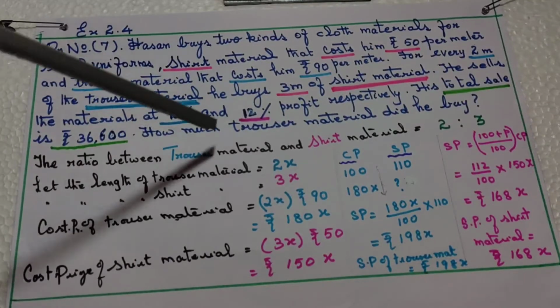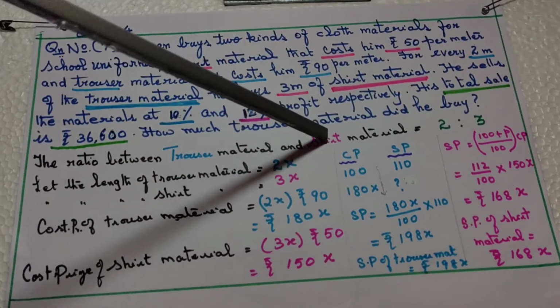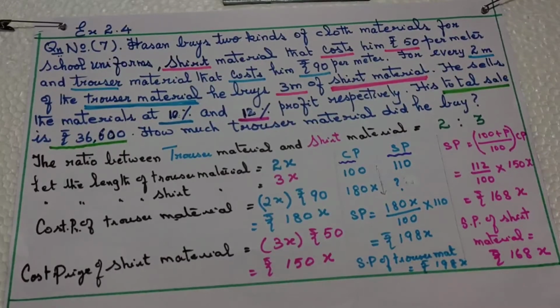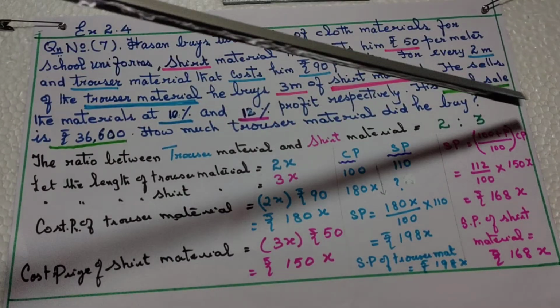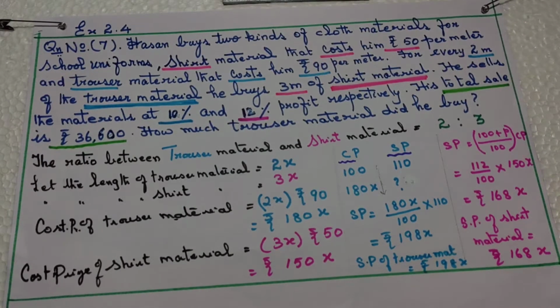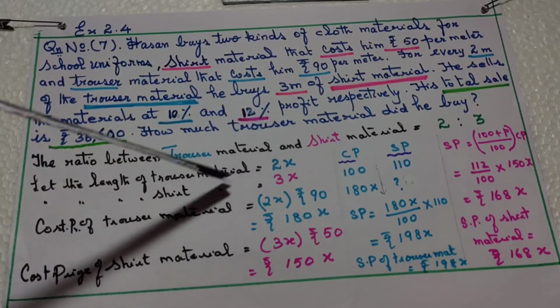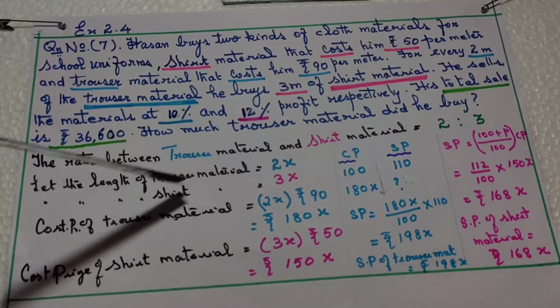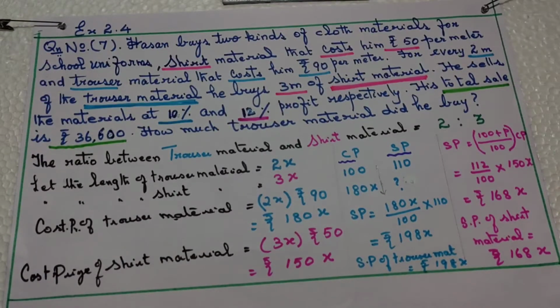So here the ratio between trouser material and shirt material is 2:3. And we all know that whenever the ratio comes, there is a common factor for the actual length or the actual number. So now let the length of the trouser material be 2x and the shirt material be 3x meters.